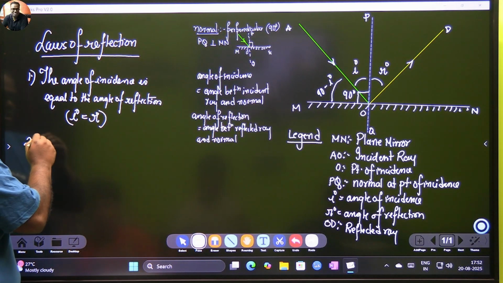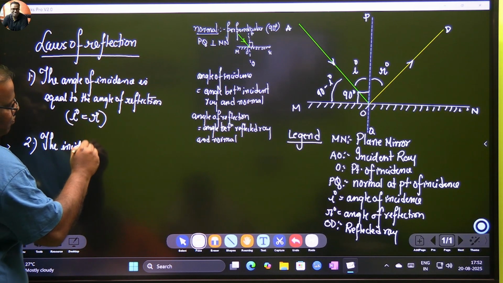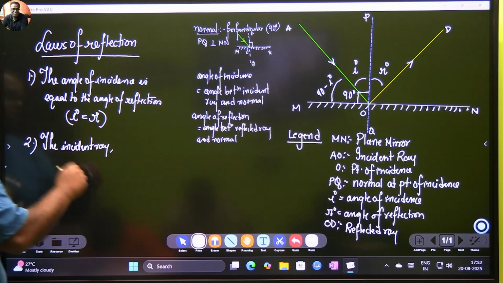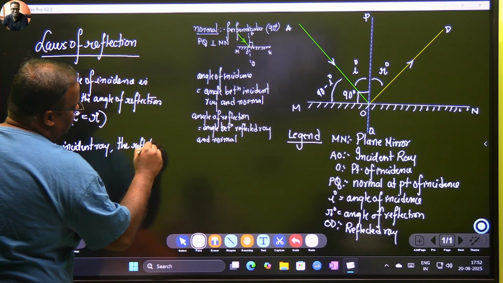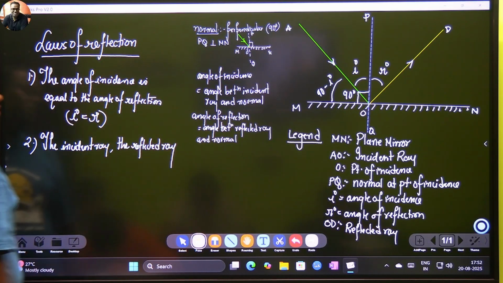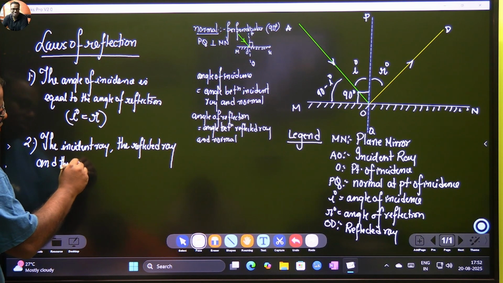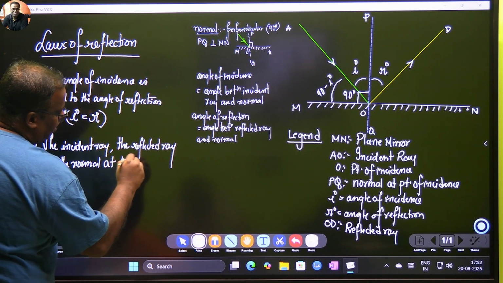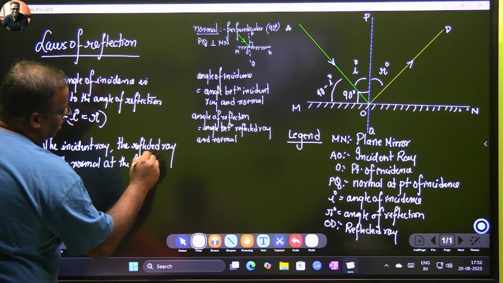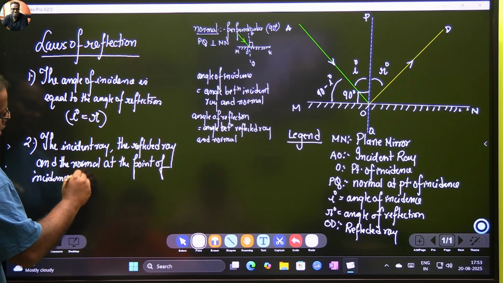The second one says the incident ray, the reflected ray, and the normal at the point of incidence all lie on the same plane.